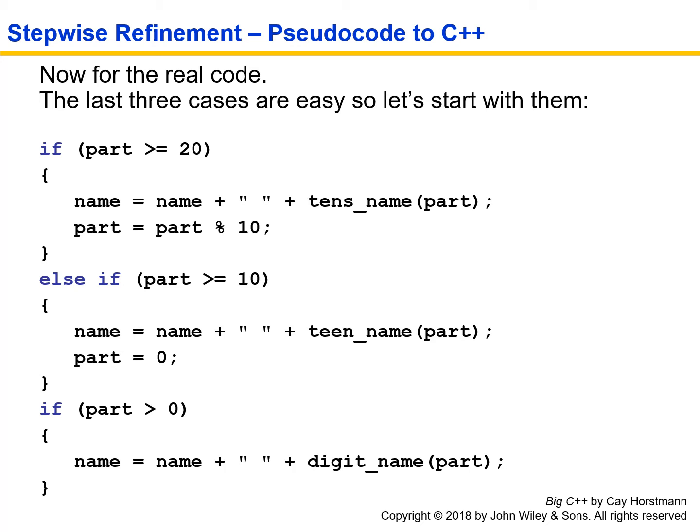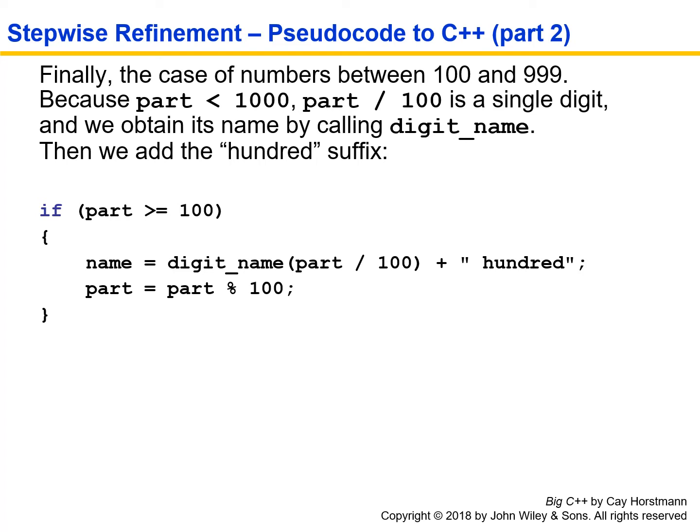You see how this is basically just a direct translation of the pseudocode we just looked at. For the part greater or equal 100, part divided by 100 using integer division is just going to give us a single digit. So we take digit name of that and add hundred, and then we leave the remaining part as part %100.